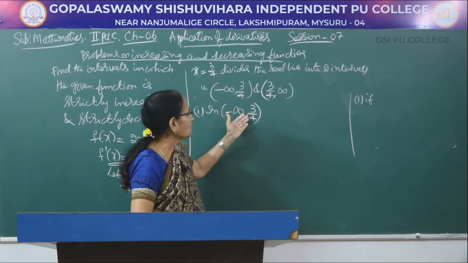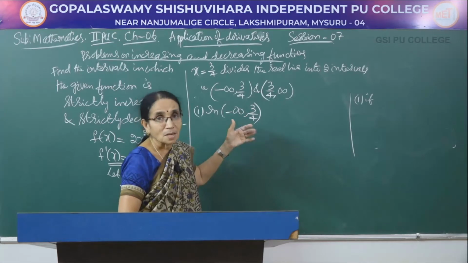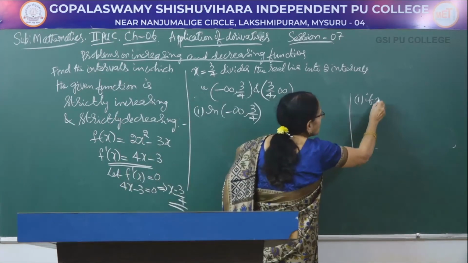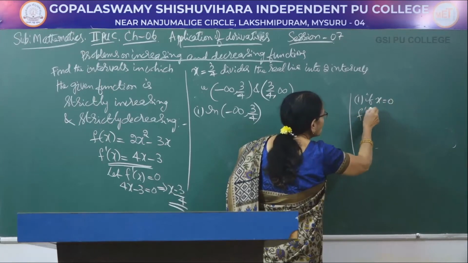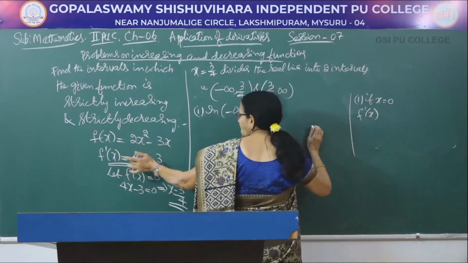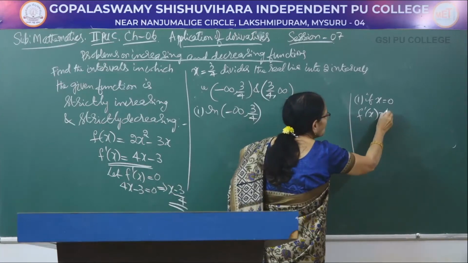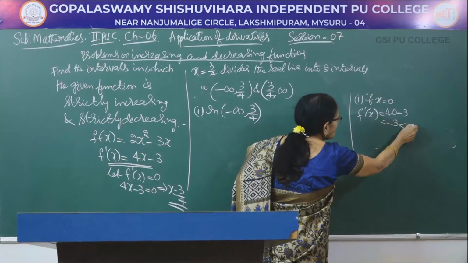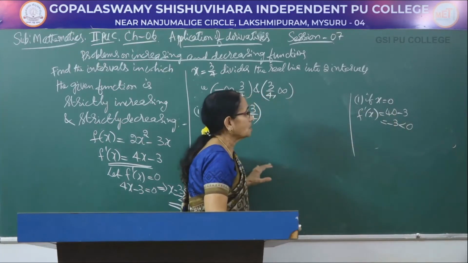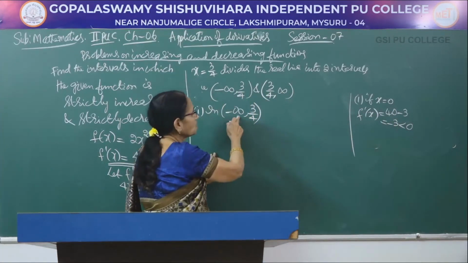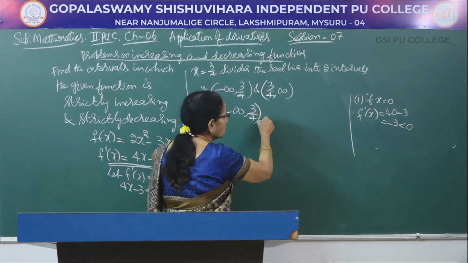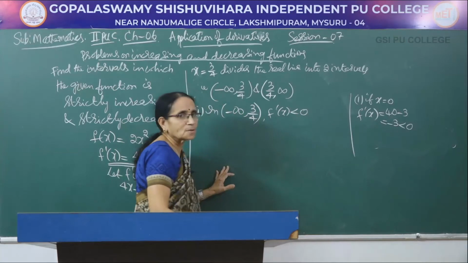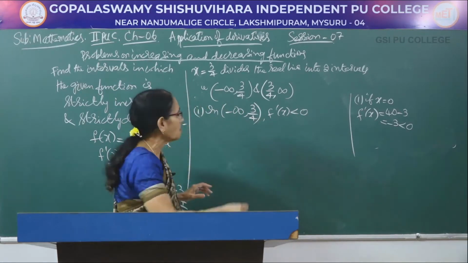You can give a value 0 also, that is easier, isn't it? If x is equal to 0, what is f dash x here? f dash x is 4x minus 3. 4 into 0 minus 3, that is minus 3, less than 0. That is, in minus infinity comma 3 by 4, we have seen that f dash x is less than 0. What is our conclusion?